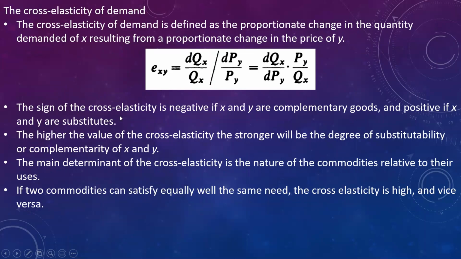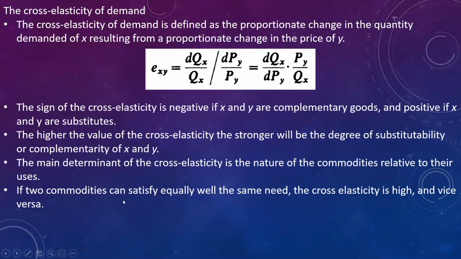Now if the sign of cross elasticity is negative, then X and Y are considered to be complementary goods, and if it is positive, then X and Y are substitutes. The higher the value of cross elasticity, the stronger will be the degree of substitutability or complementarity of X and Y. The main determinant of cross elasticity is the nature of the commodities relative to their uses.